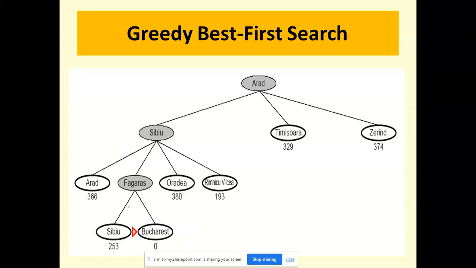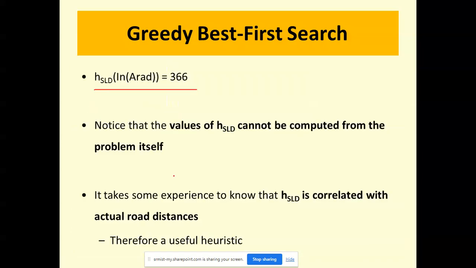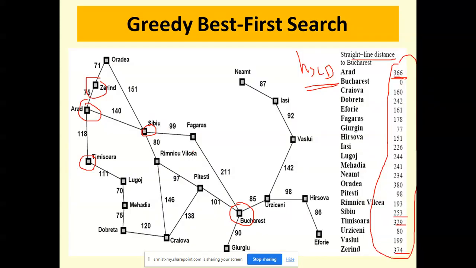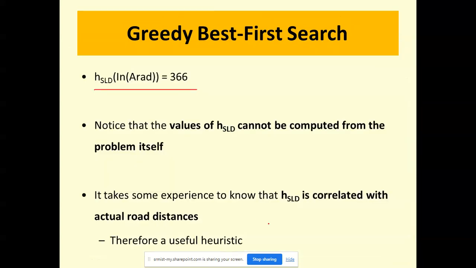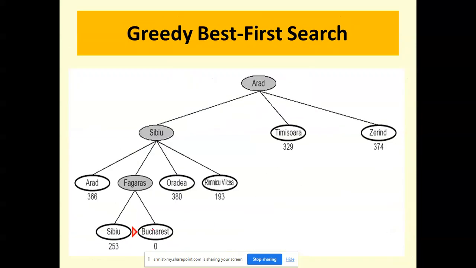So Fagaras will be expanded. Looking at the map, from Fagaras you could reach Bucharest, or take another way through Sibiu and Pitesti and then reach Bucharest. From Fagaras you could reach Bucharest, which is our destination.